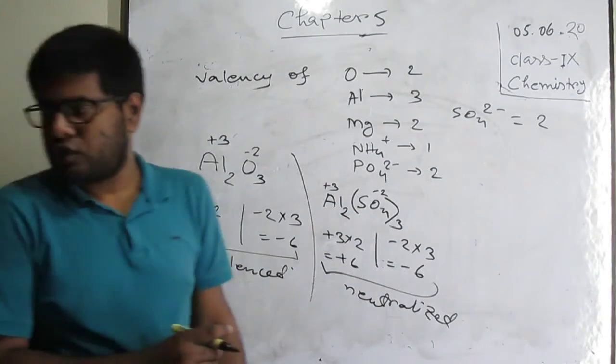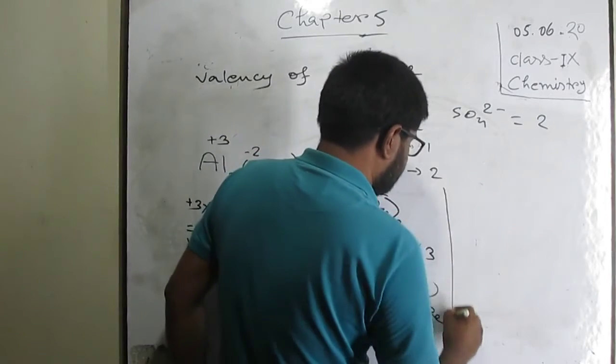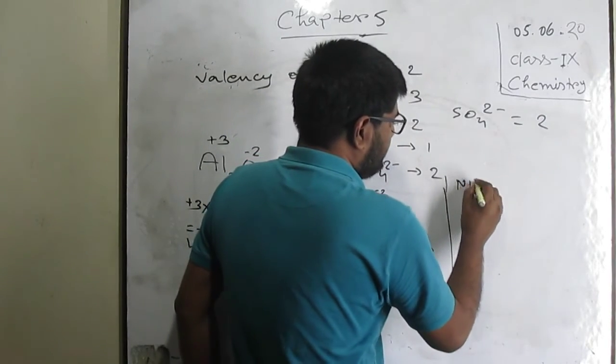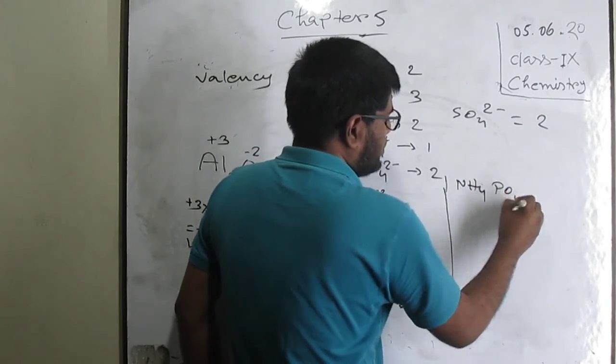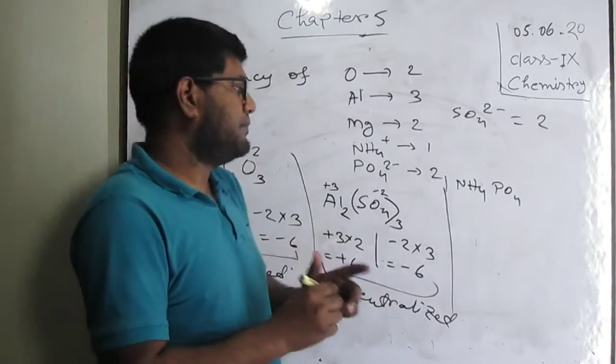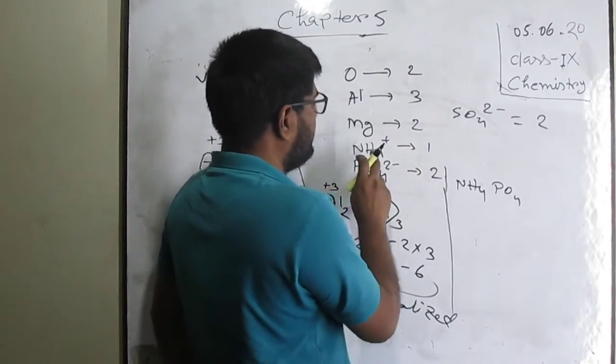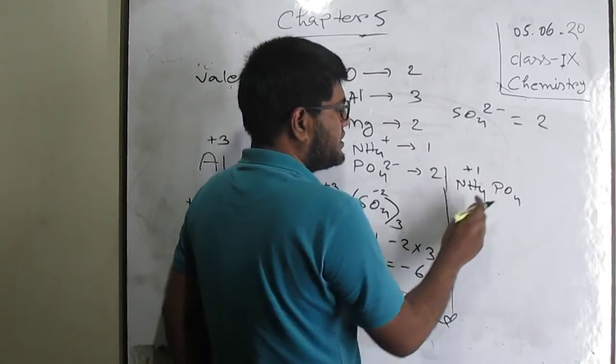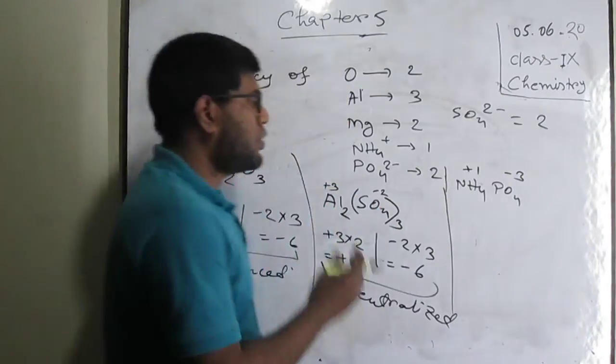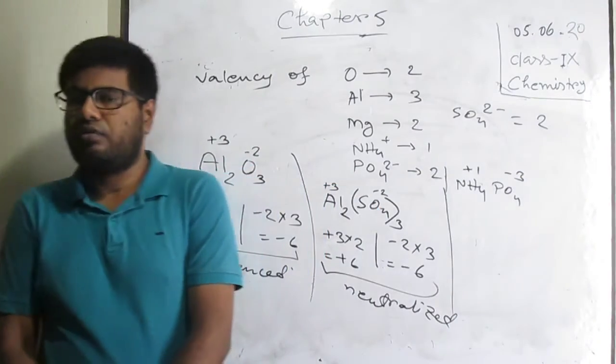Then magnesium phosphate and ammonium phosphate. You know ammonium is a radical and phosphate is also a radical, but ammonium is plus 1 charge, phosphate is minus 3 charge. So how can I write the formula?